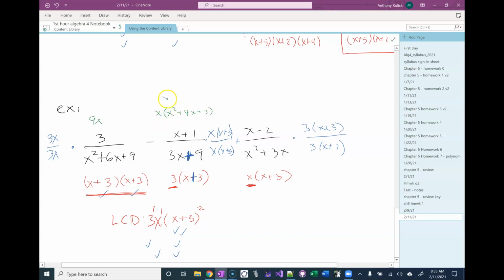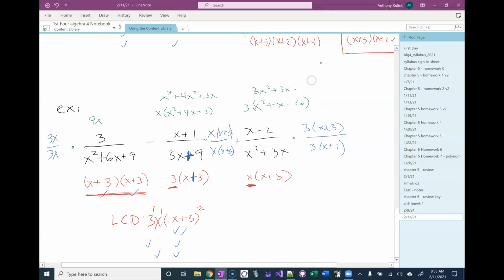But then I still have to multiply the x through. And then my last set, x minus 2 times x plus 3, is x squared plus x minus 6. And then I still have to multiply the 3 through.